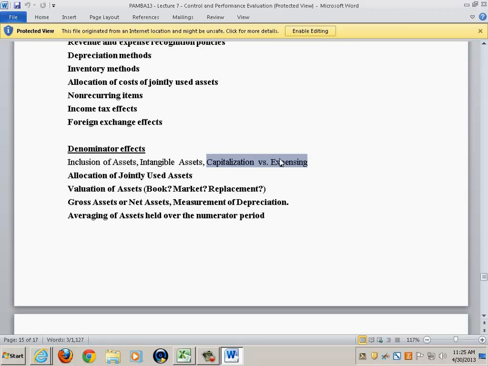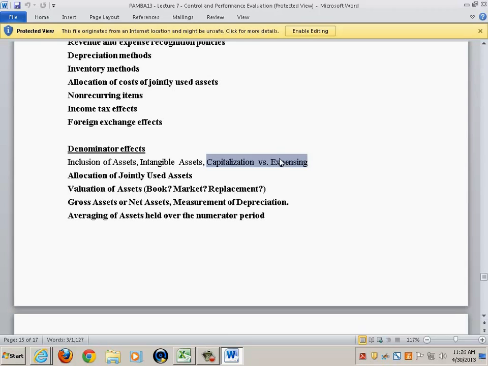So if you want to match revenues with expenses, then maybe what you want to do is take the bulk of R&D expenses in any particular period and capitalize them and treat them as an asset, which is going to be amortized over the future periods where those research and development expenses hopefully generate additional revenues.